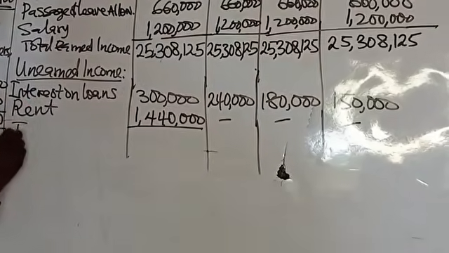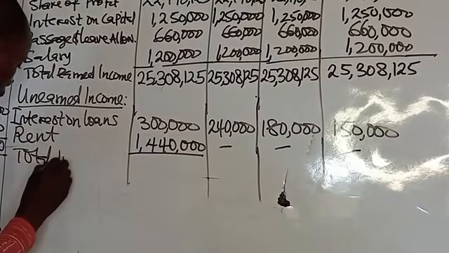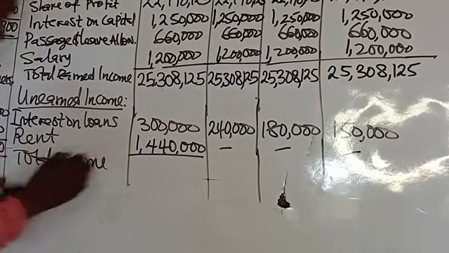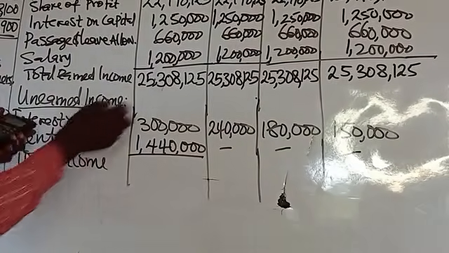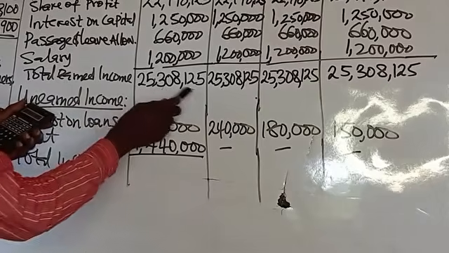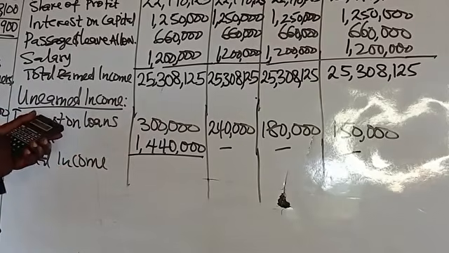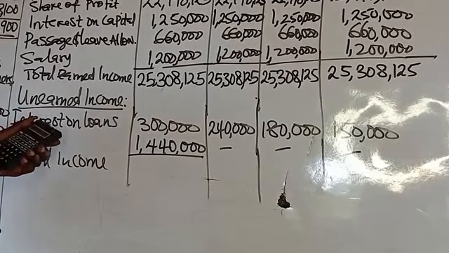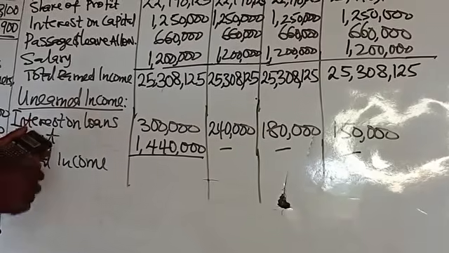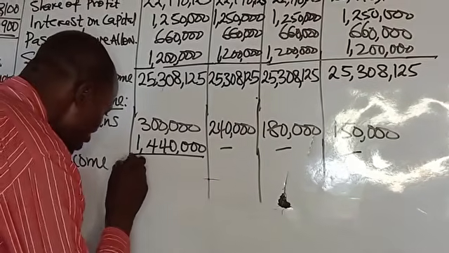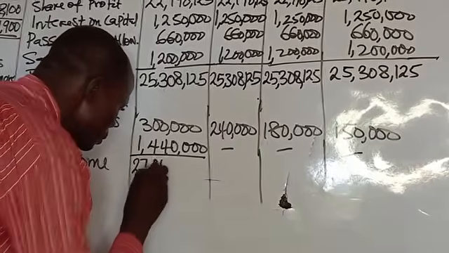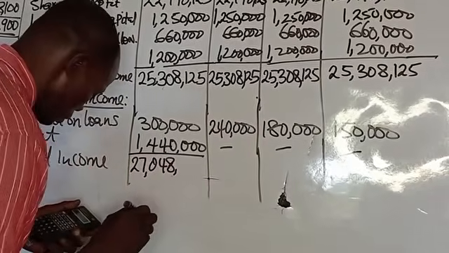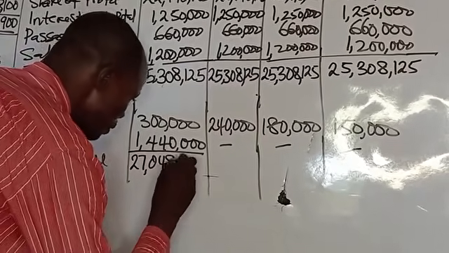Total income. 25,308,125 plus 300,000 plus 1,440,000, we have 27,048,125.